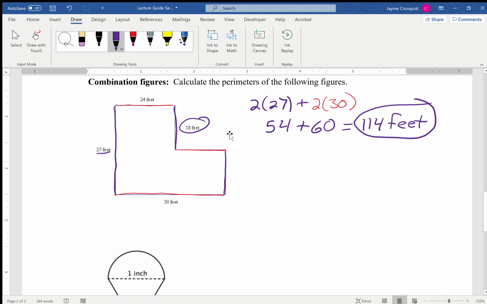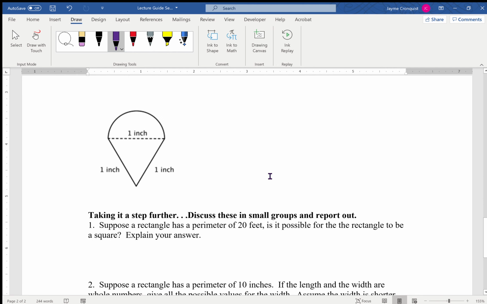All right, now we're moving on. Oh, look at this one. Okay, so we have 1 and 2 inches. So we're going to have 2 plus, then this distance here around this semicircle is half a circle. All right, so notice our D is 1.